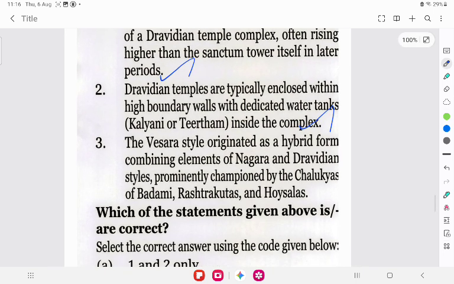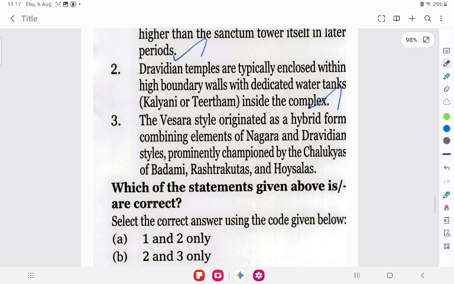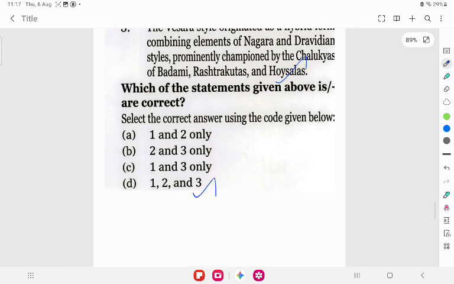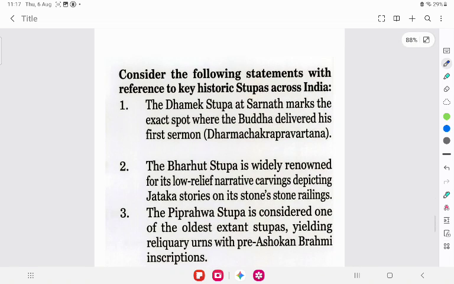Yes, this is correct. The Vesara style originated as a hybrid form combining elements of Nagara and Dravidian styles, prominently championed by the Chalukyas of Badami, Rashtrakutas and Hoysalas. Yes, this statement is also correct. Hence, the correct statement is 1, 2 and 3.